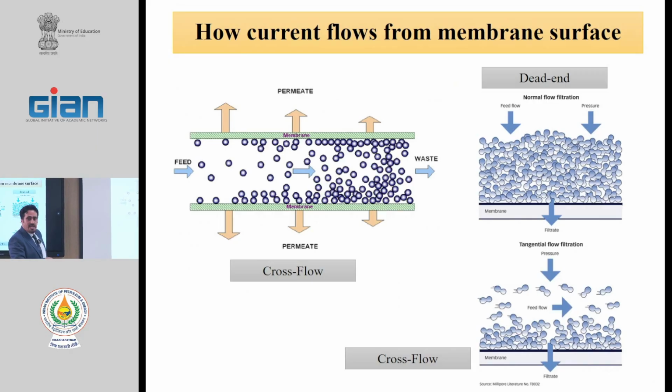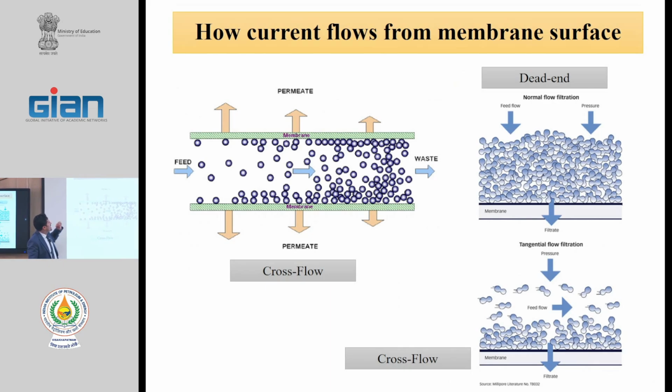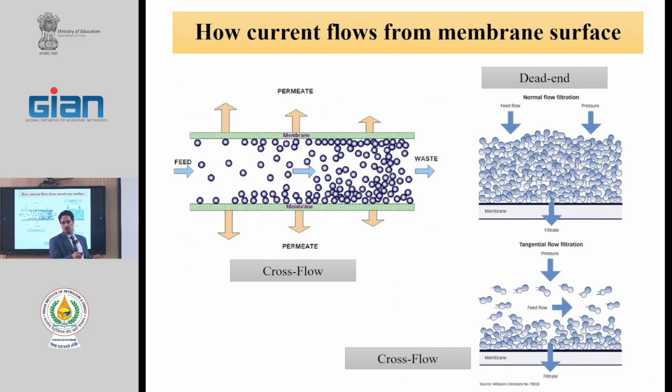But in dead end, the feed flow and the filtrate or permeate flow are parallel. In industrial cases, we mostly use cross flow because cross flow pushes substances and foreign agents off the surface and sweeps the membrane surface, reducing concentration polarization and reducing fouling.